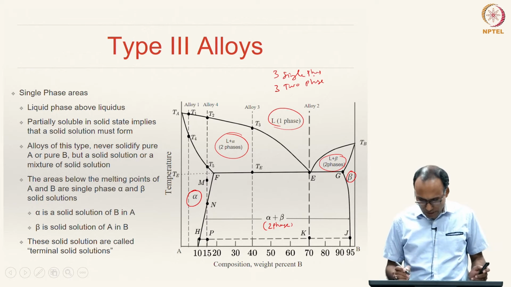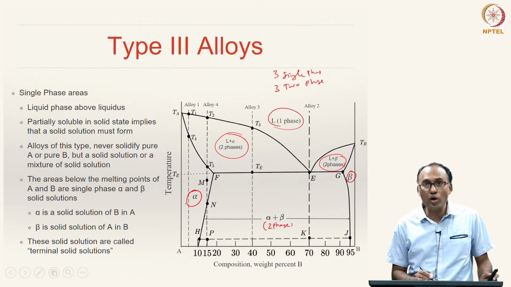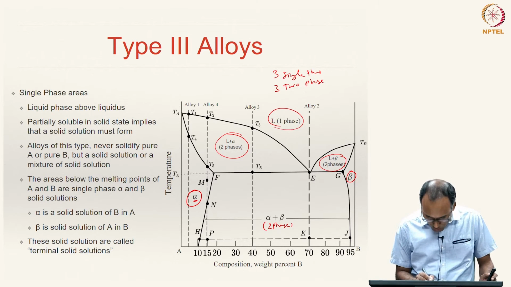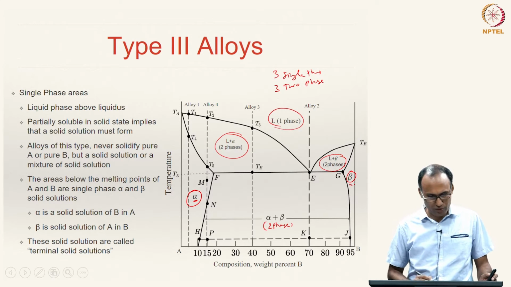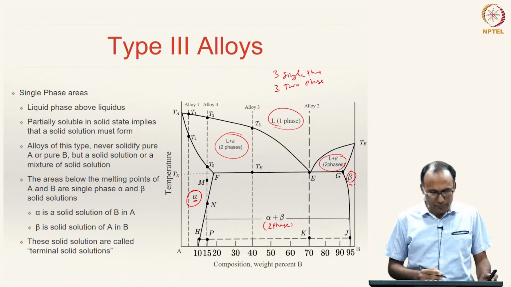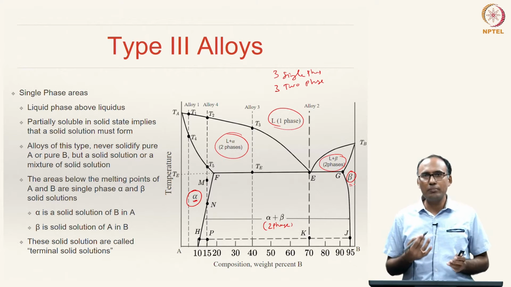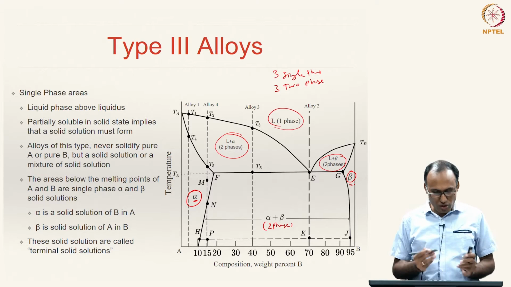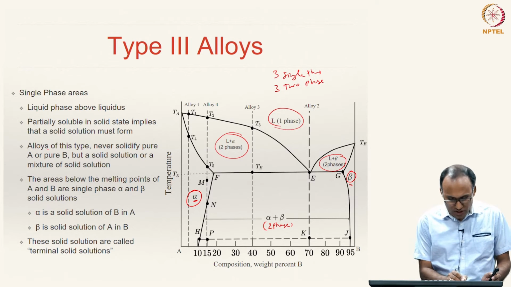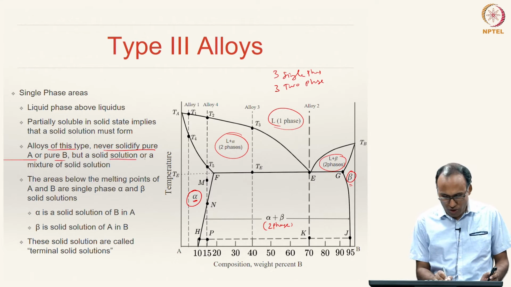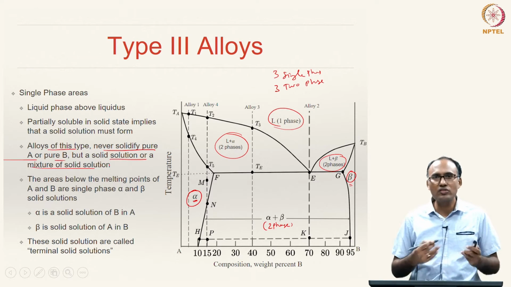And please note that you do not have pure solids, you have solid solution alpha and solid solution beta. Because there is partial solubility of A and B in each other, they do not solidify as pure solids. Alloys of this type never solidify as pure A or pure B, but a solid solution or a mixture of solid solutions will be formed.